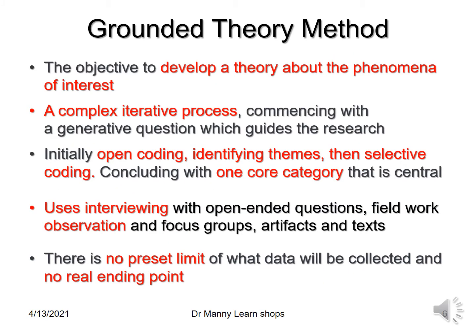Then you've got the grounded theory method or model. And the objective is to develop a theory about phenomena of interest. As we've indicated previously, it can be complex, and it's a cyclic, iterative process, which commences with the generative question, which essentially guides the research.